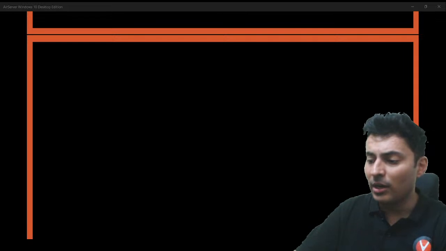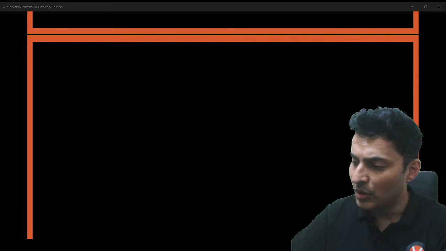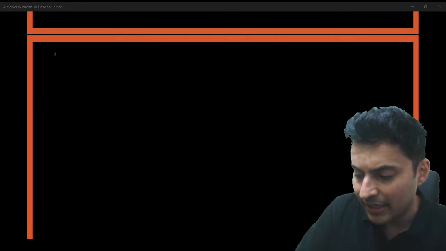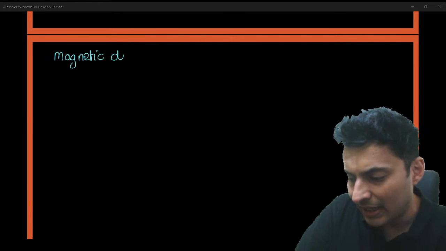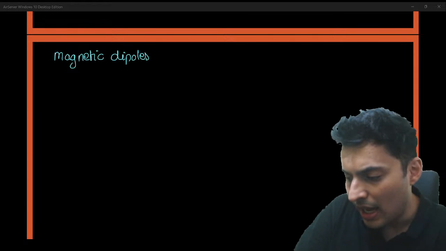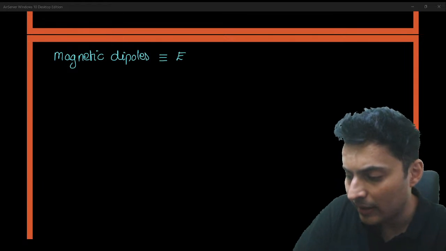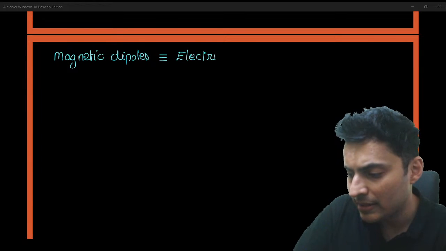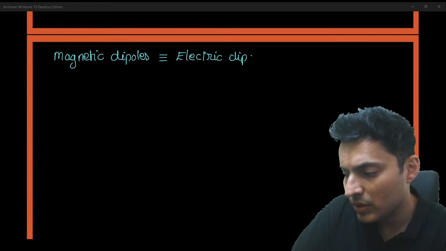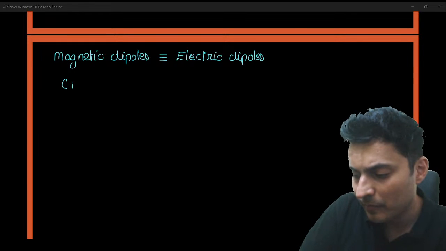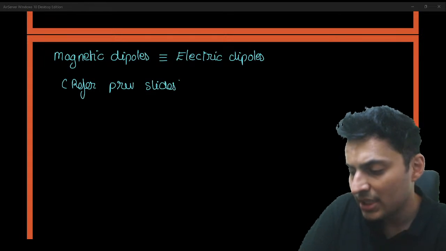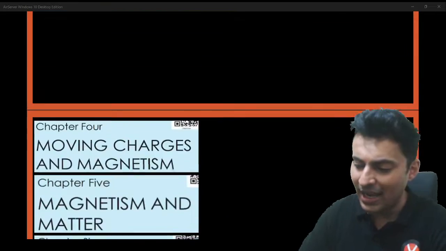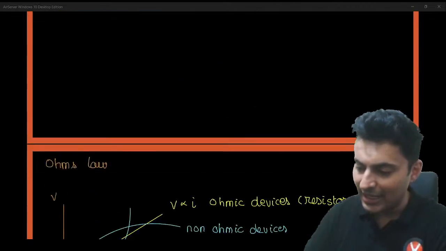Now if you talk about magnetic dipoles, I'm not going to do it again. Magnetic dipoles are exactly similar to electric dipoles. So please refer to the previous slides. Don't worry, you're going to get the entire PDF.